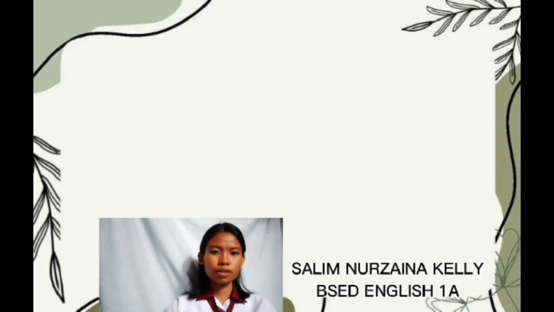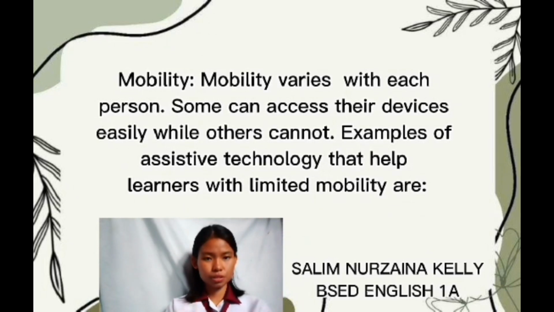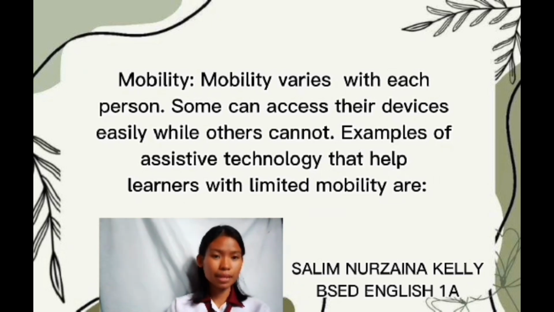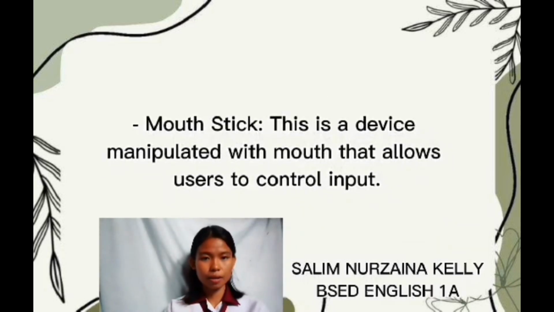First example we have is mobility. Mobility varies with each person. Some can access their devices easily while others cannot. Examples of assistive technologies that help learners with limited mobility. First we have the mouth stick.